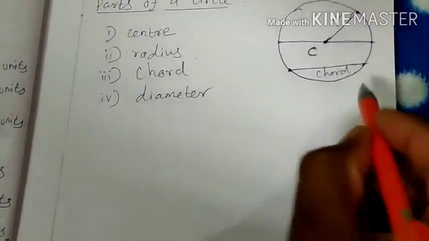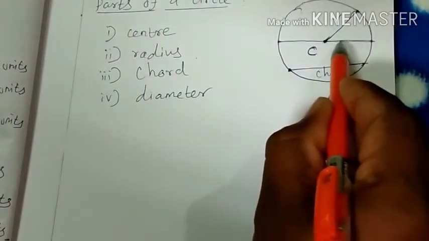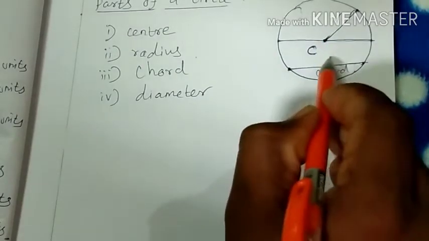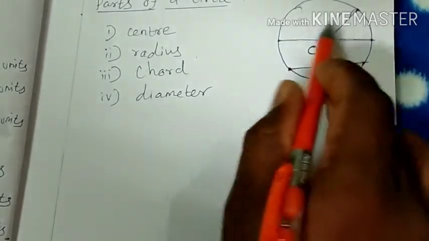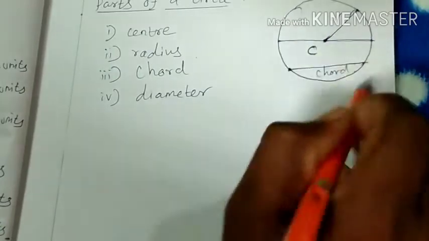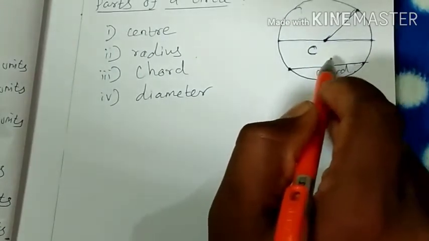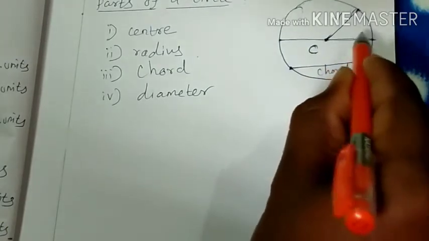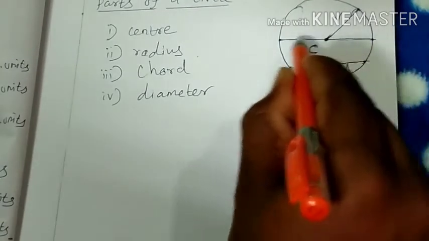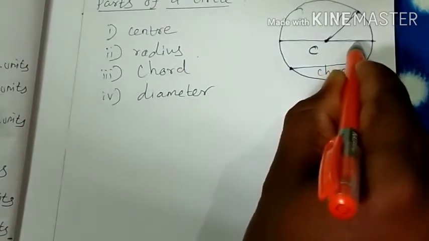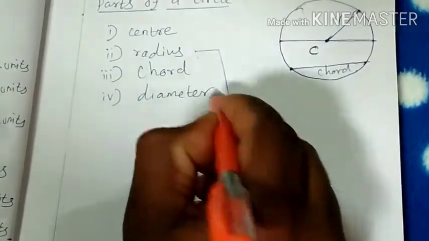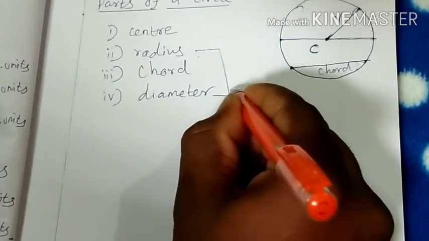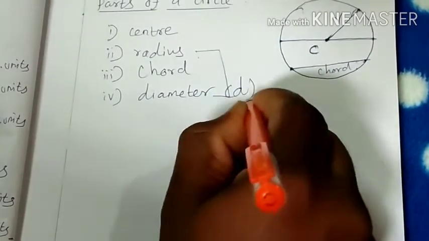A diameter of a circle divides the circle into two equal parts; the upper and lower parts are equal. It is also the longest chord of the circle. What is the relation between radius and diameter? The diameter is denoted by d.